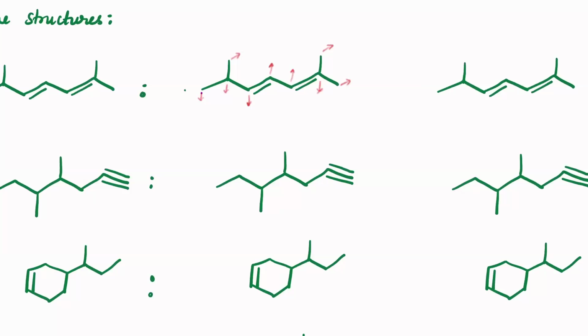Quickly check it out. So first case, if it is only single bond, it is all sp3. There is a double bond coming, which means it is sp2. This is also sp2. This is sp3, because that is all single bonds.